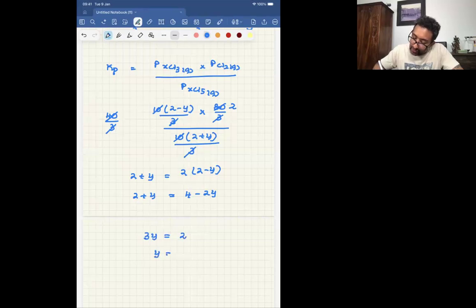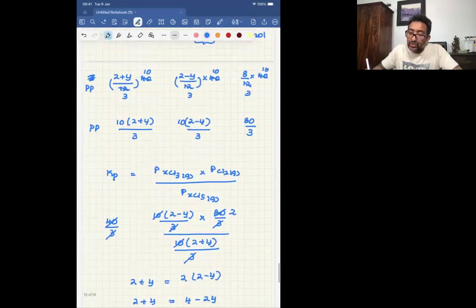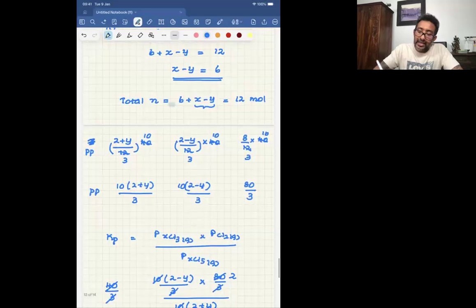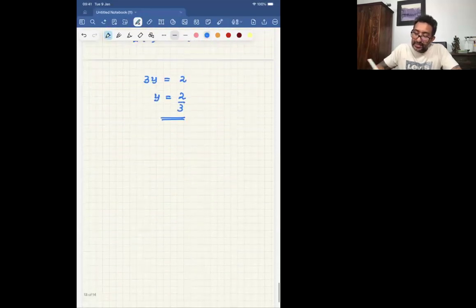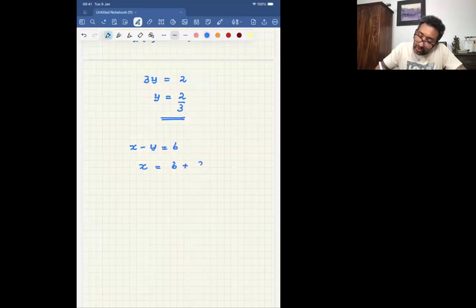Y is equal to 2 divided by 3. But that is not what they asked. They asked you to calculate x. X minus y is equal to 6. So therefore x is equal to 6 plus 2 divided by 3, which is 20 divided by 3.